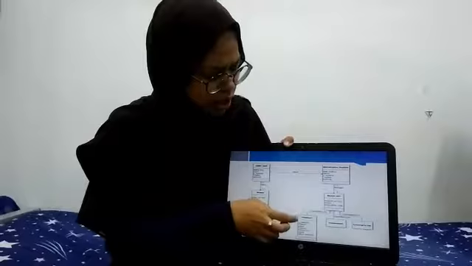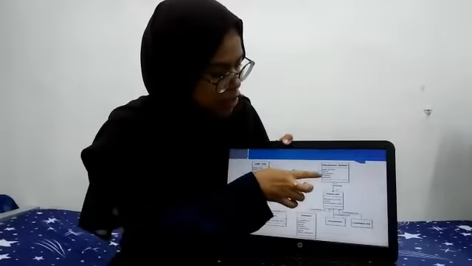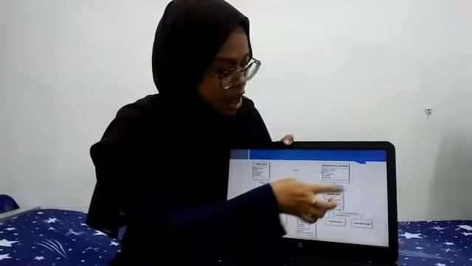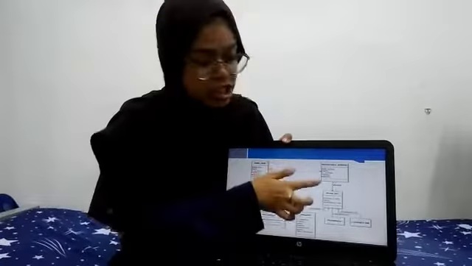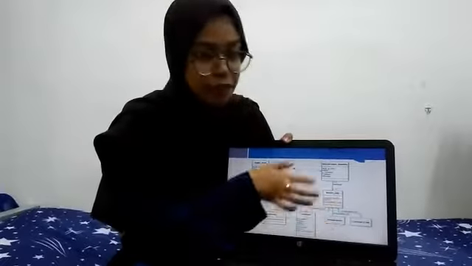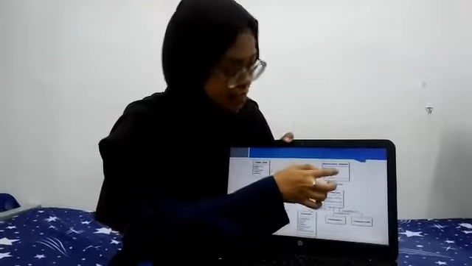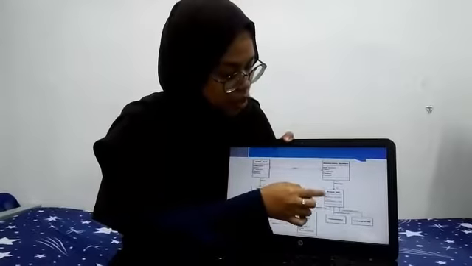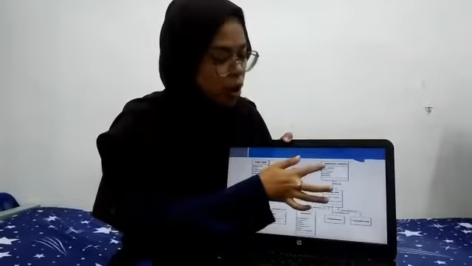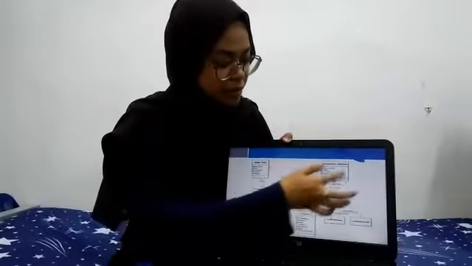First, alumni information will be managed by Alumni Center system. The relationship is one or many alumni information will be managed by Alumni Center system, but alumni information will only be stored by one Alumni Center system.